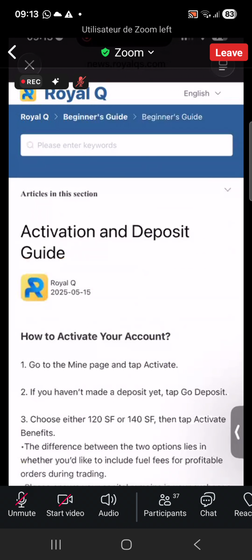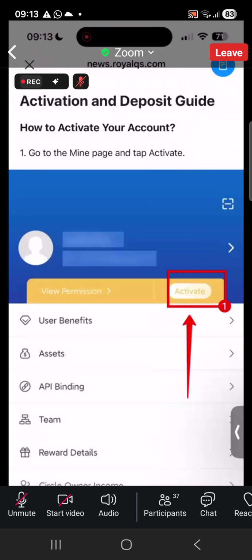Activation and deposit guide. You left RoyalQ in 2022 during the bear season and you are back again because you know it's bull run. So you are back, not knowing things have changed, because in 2021, our method of depositing has changed from what we have now. So you come, you're like, hey, which one to SF?